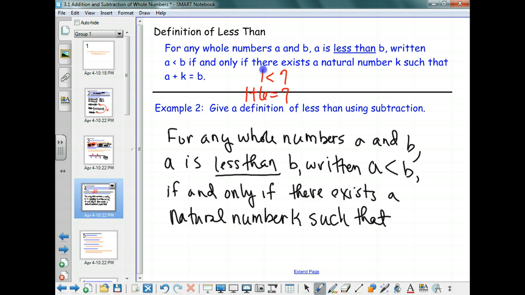Say it louder for me. All right, so I'm going to keep the order the same with the A on the left, but I'm going to do what you said. I'm going to take the K and subtract it from the B instead of adding it to the A.